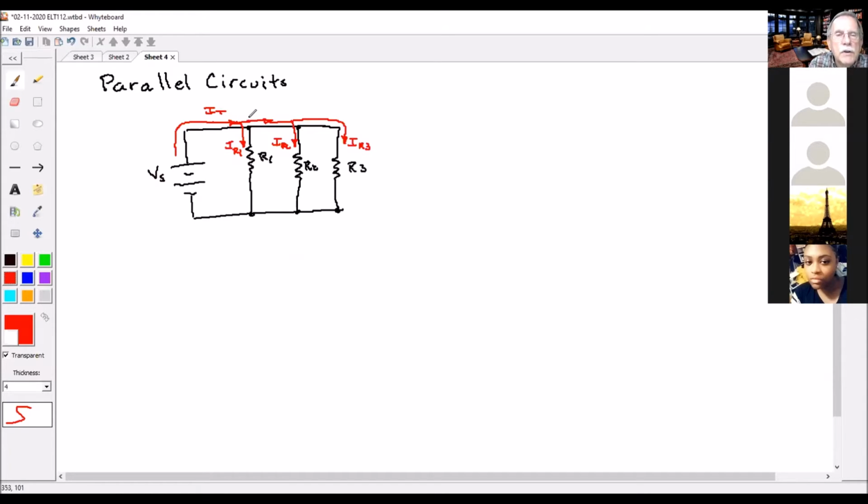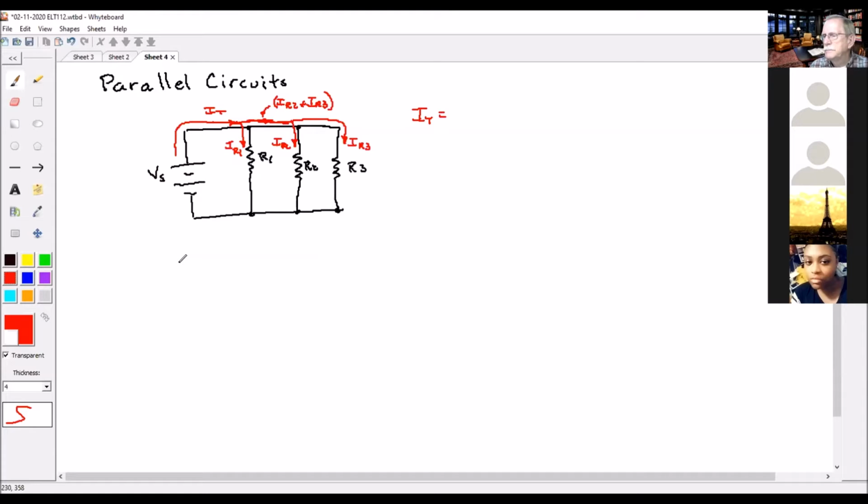If I really wanted to know what the current was here, the current right there would be I sub R2 plus I sub R3, right? Because this splits to become I sub R3 and I sub R2. All right? So then my question gets to be, if I wanted to know what IT would be equal to?